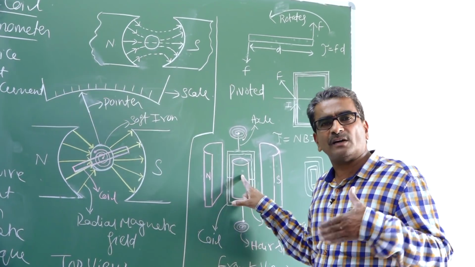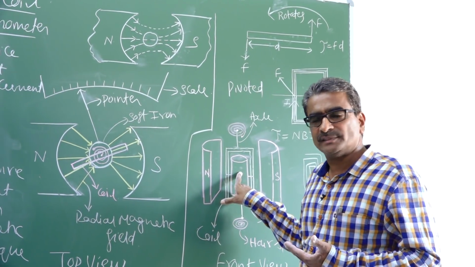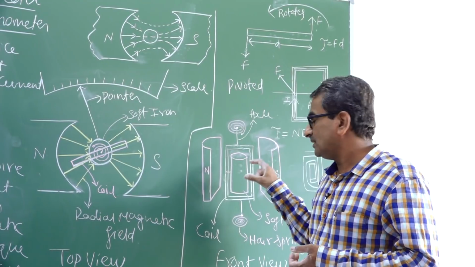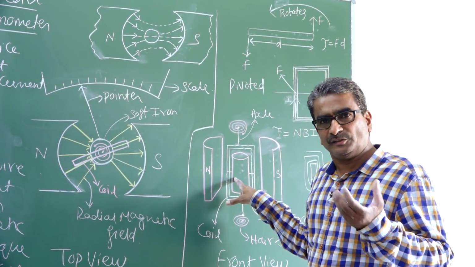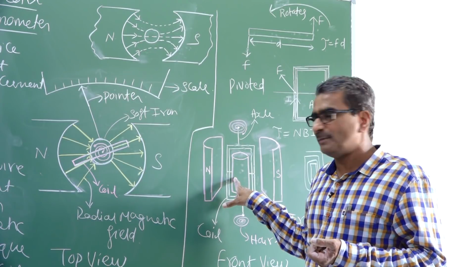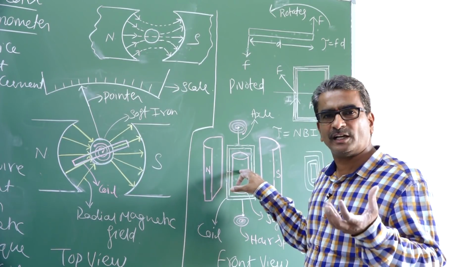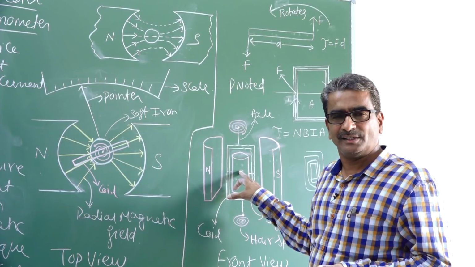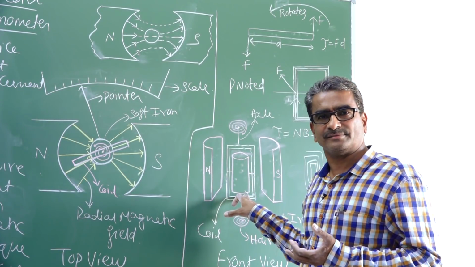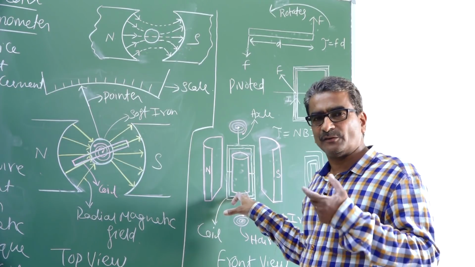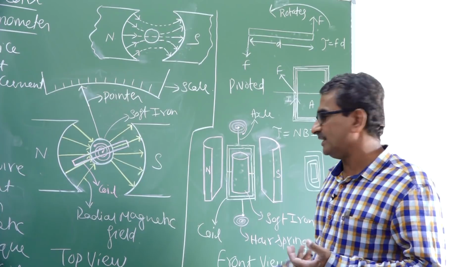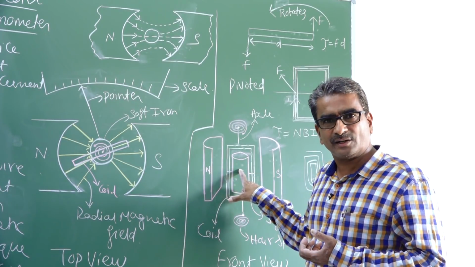Then what's the use of soft iron? Here the concave pole pieces are used to produce a radial magnetic field. Soft iron is used to increase the strength of the magnetic field. The magnetic field strength at the center of the coil should be made strong. Because of the strong permeability of this iron, the field can be intensified at the center of the coil.